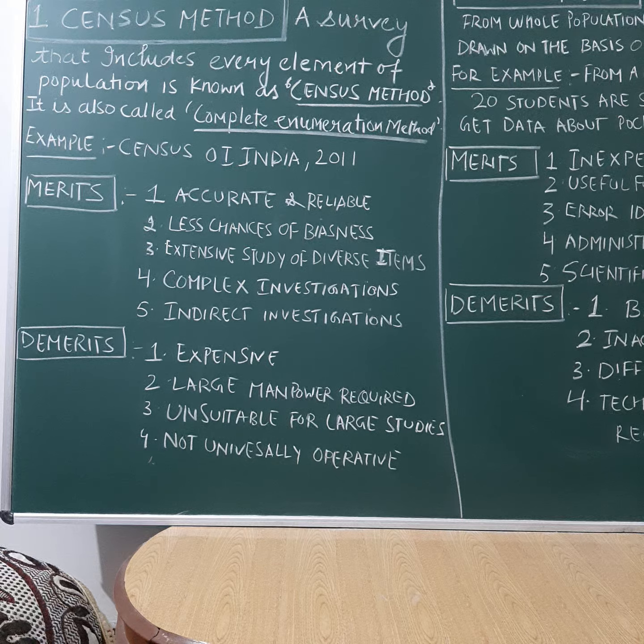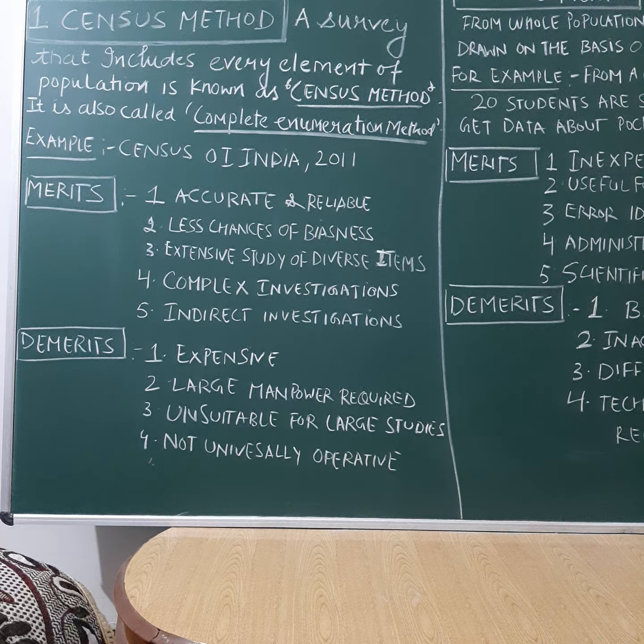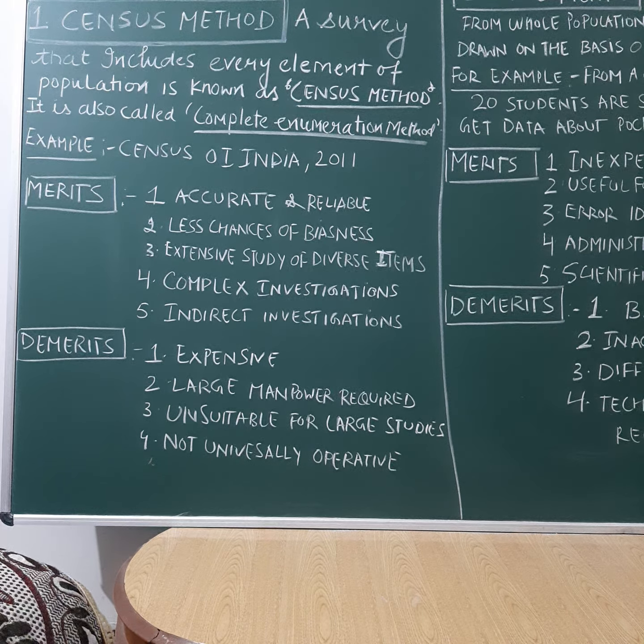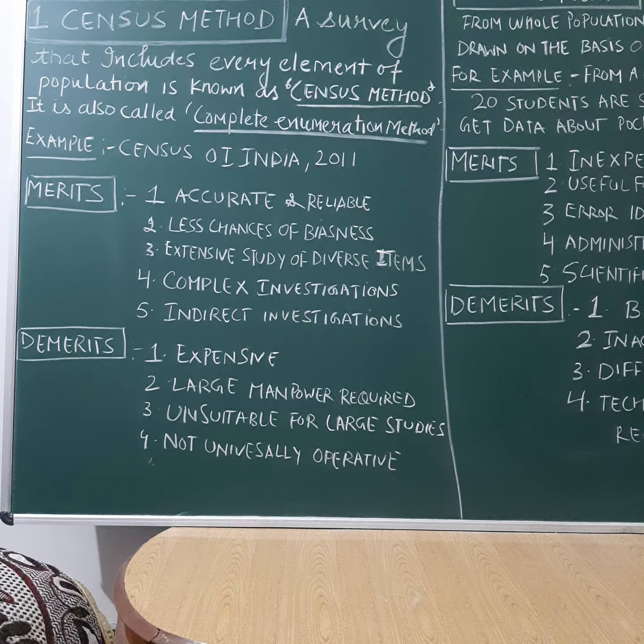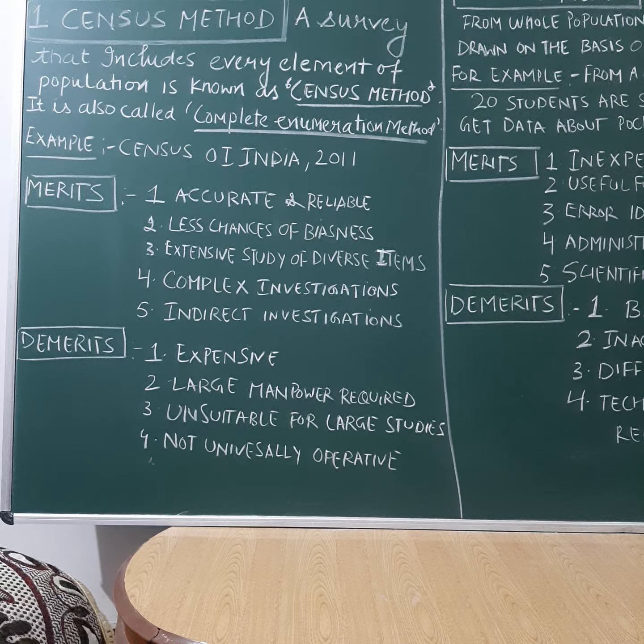One simple example: sometimes it is not possible to go for the census method. It is not possible to study each and every item under your study, because sometimes the population can be large. For example, if you have to collect data from lakhs of students, it is not possible to approach each and every student.